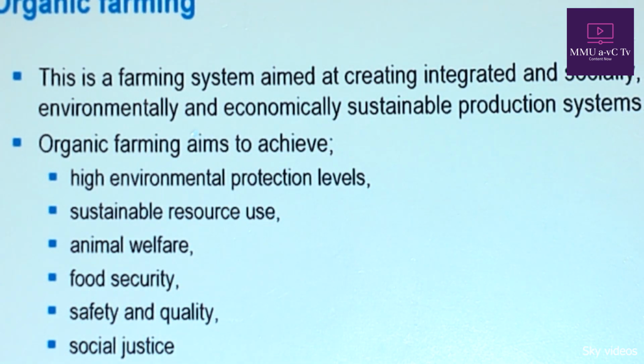Another system is organic farming. And this is a farming system aimed at creating integrated and socially, environmentally, and economically sustainable production systems. Welfare, food security, safety and quality of food, social justice, and financial viability, as applied also to agroecology, where we are talking about the sustainability being economic, ecological, and social.